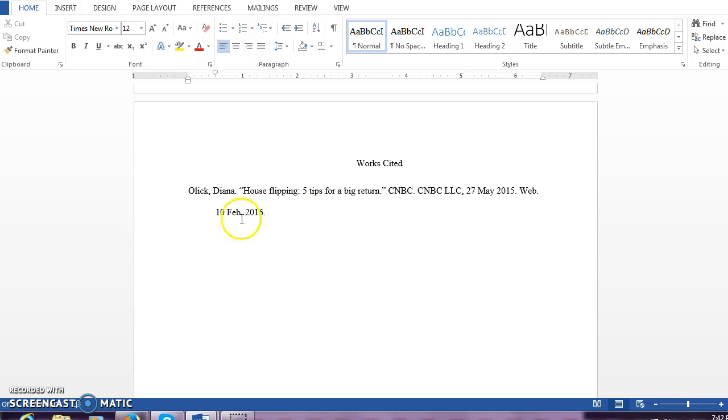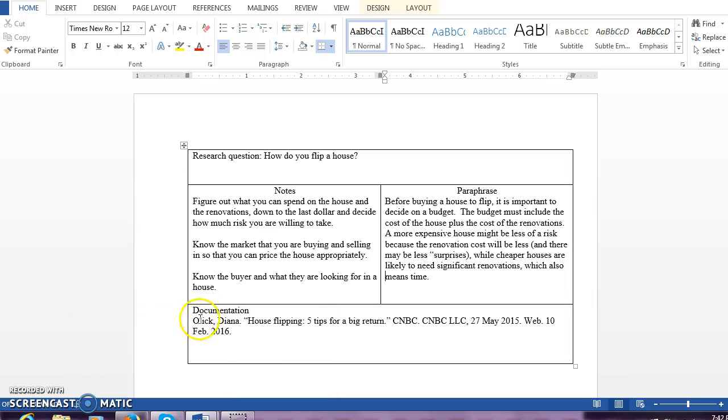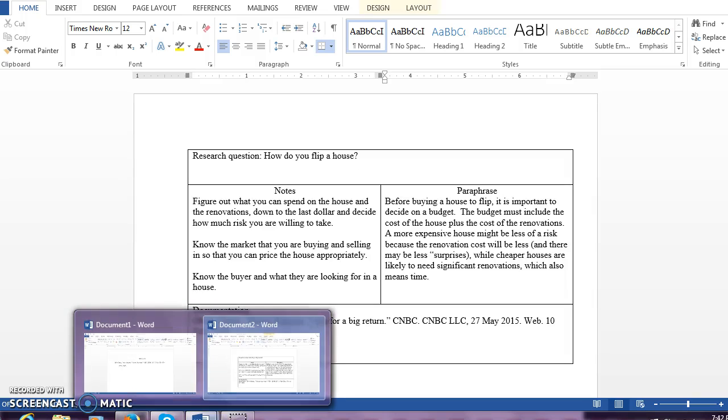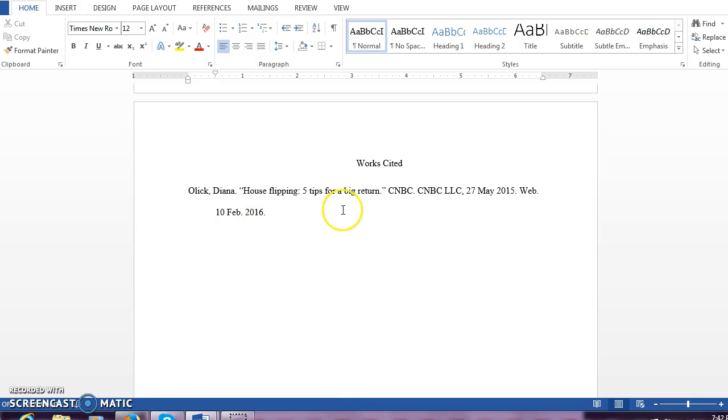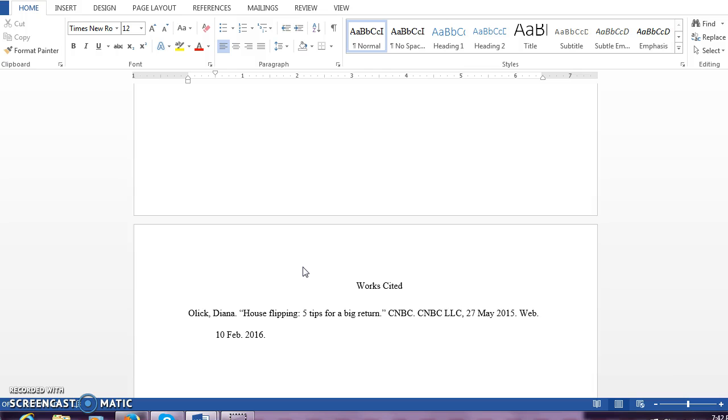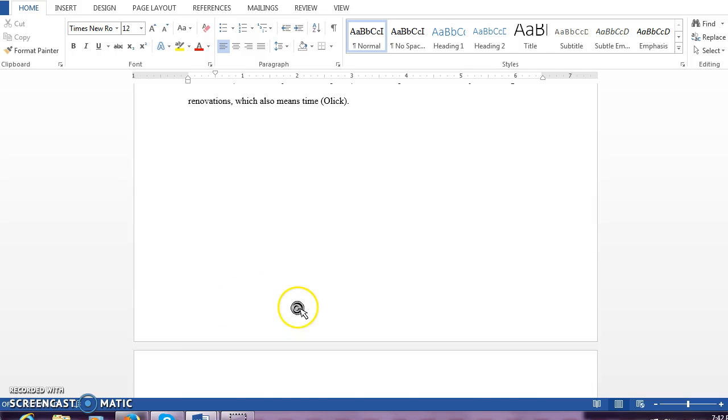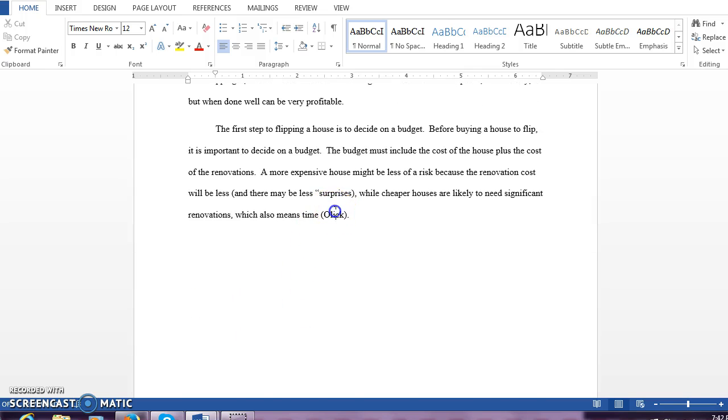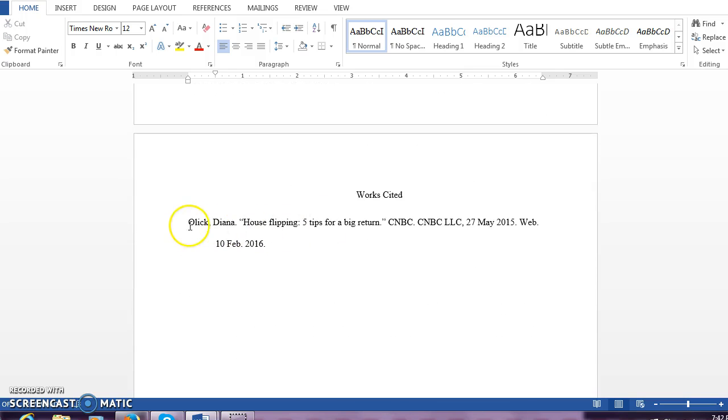The student has copied and pasted, or retyped, the documentation that you wrote here onto a Works Cited page. And that is how you put research into your paper. So I know everywhere that you have the last name Olick behind the sentence, that information came from this source.